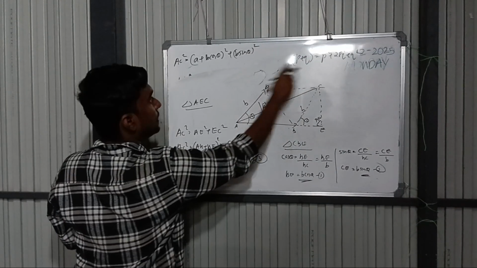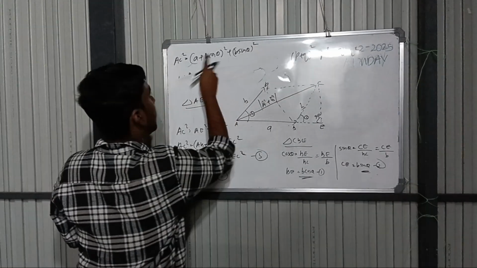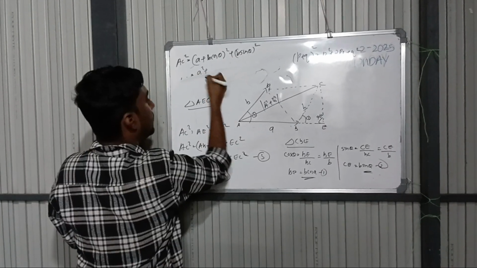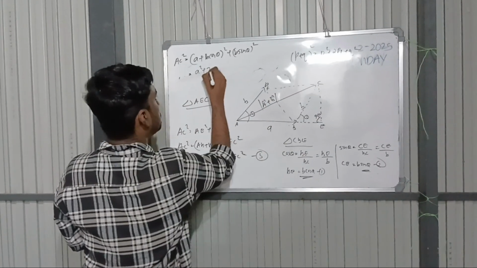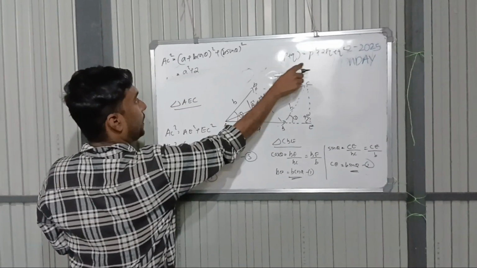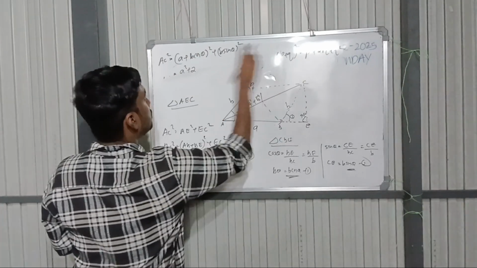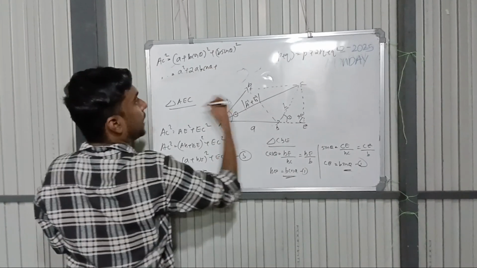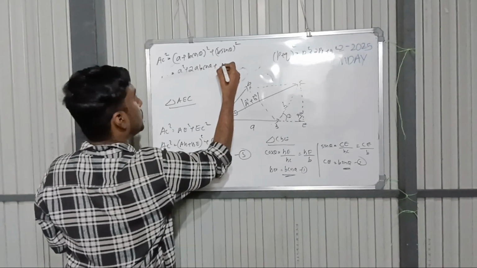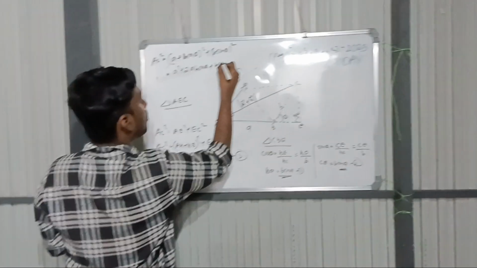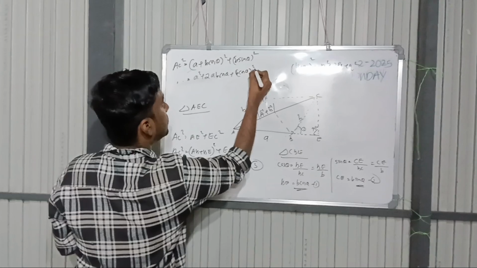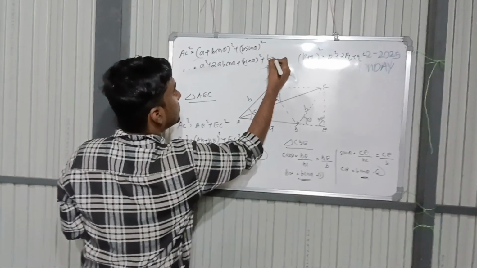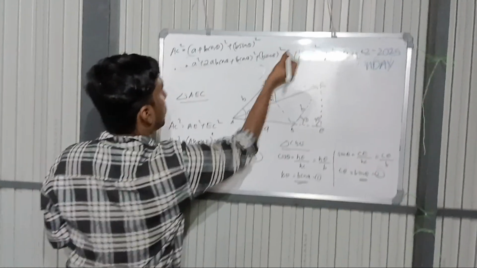So the answer is A square, plus 2PQ, that is 2 into A into B cos theta, so 2AB cos theta. Then Q square, Q is B cos theta, so B cos theta whole square, plus B sin theta whole square.